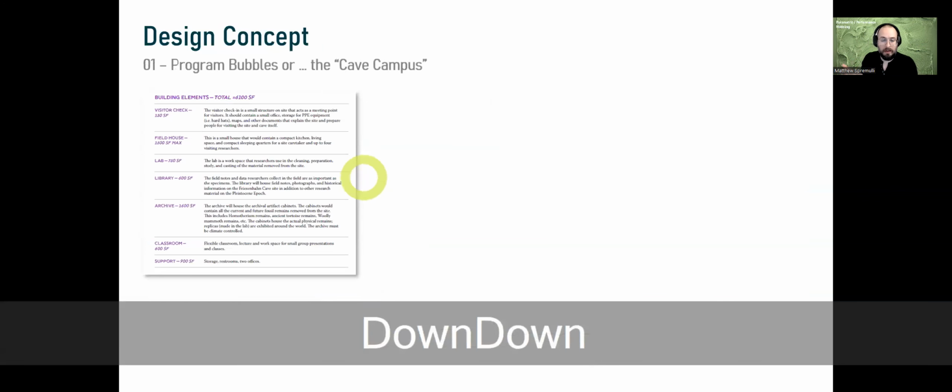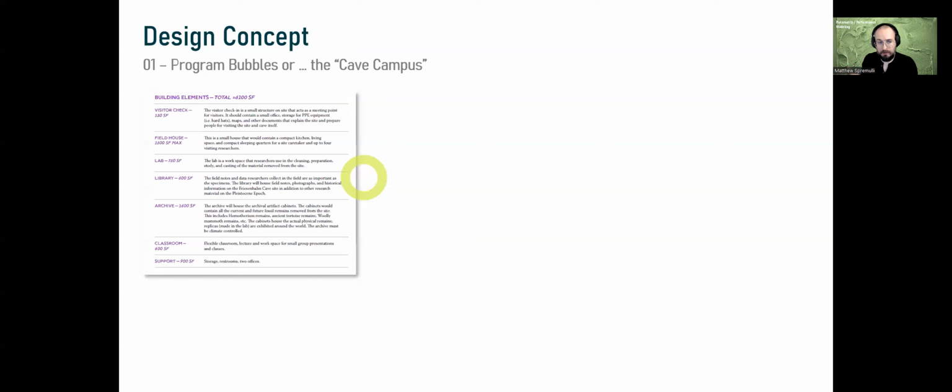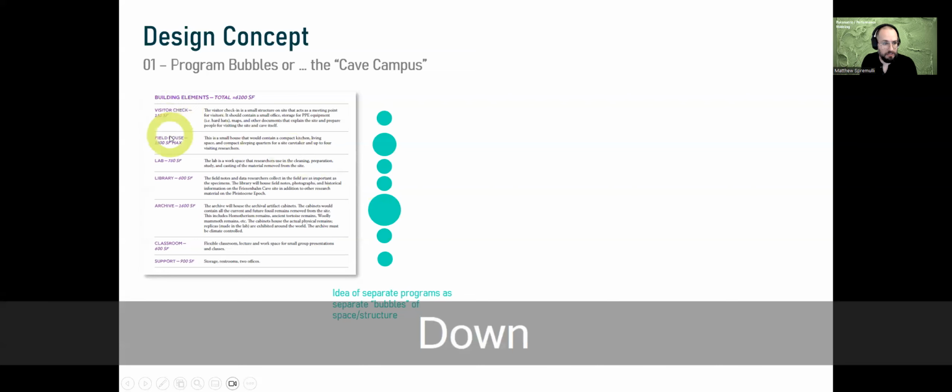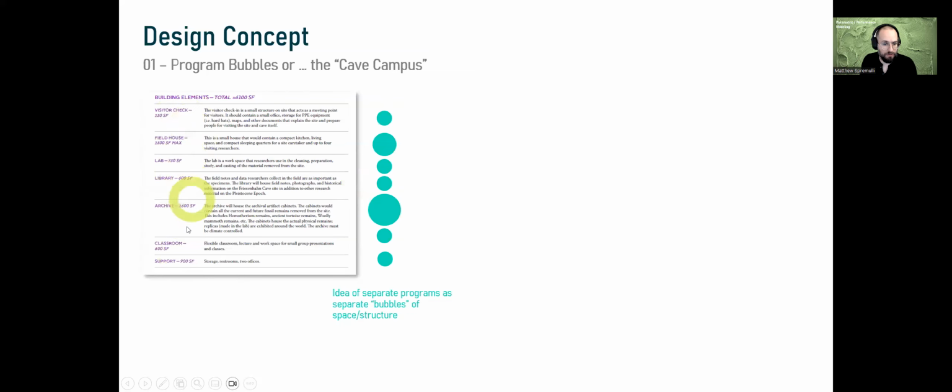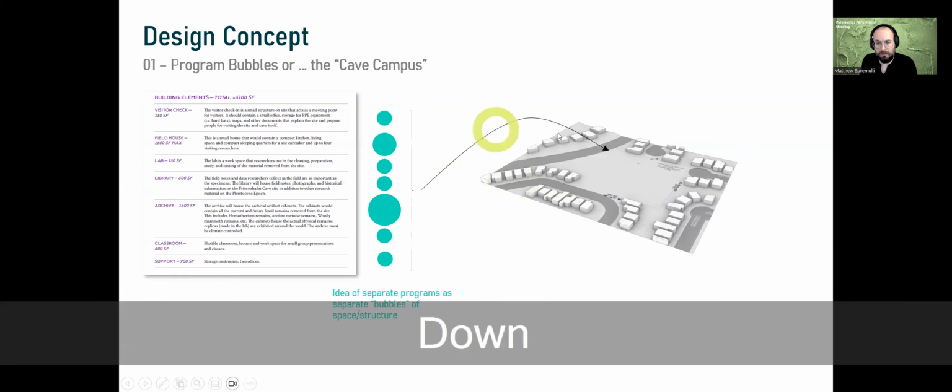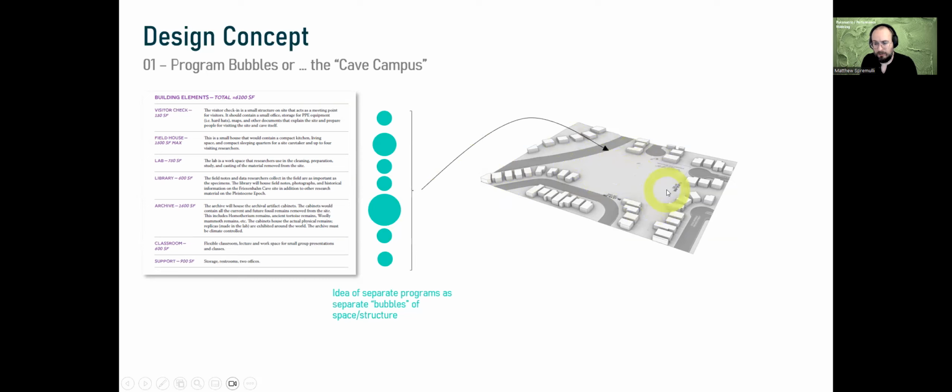And the way that we had imagined putting the campus into life, this concept, was to take each of these requirements of square footage and imagine them as a series of bubbles or circles, literally around that same size, and to place those bubbles down. Now, we didn't predefine how big they are when putting them down.